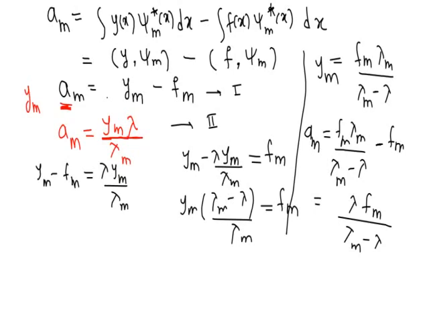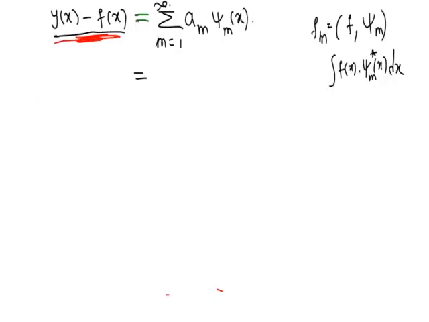Am is ym minus Fm, from equation 1. So I take ym, that is Fm times lambda m divided by (lambda m minus lambda), minus Fm. After solving this we get that Am is equal to lambda times Fm divided by (lambda m minus lambda). This Am we will substitute here.